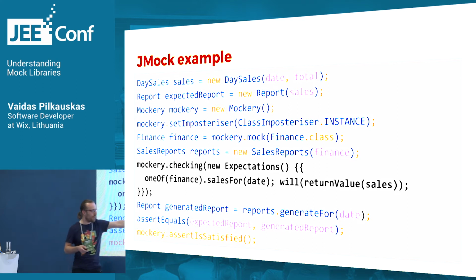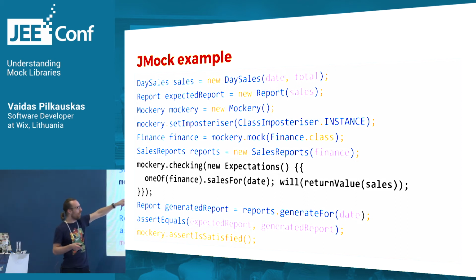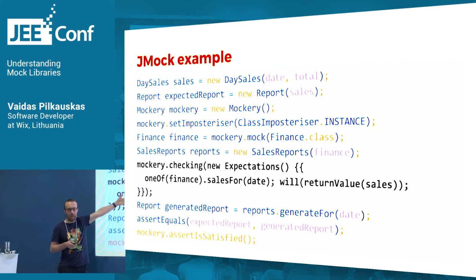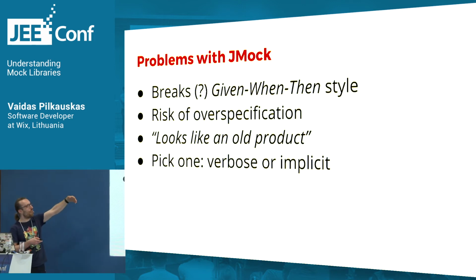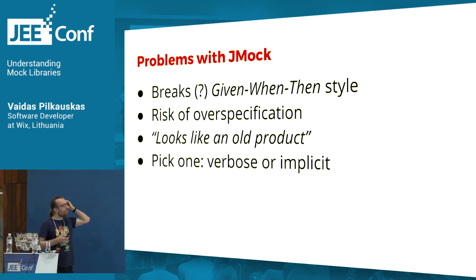So if, for example, report generate for will not call this one, or will call this one with different parameters, this one will break and this line will not be reached. So what happens is that we break given-when-then style, which means that our then part gets encoded before we actually execute the system, which is very confusing to some people. But I think you can get used to that.